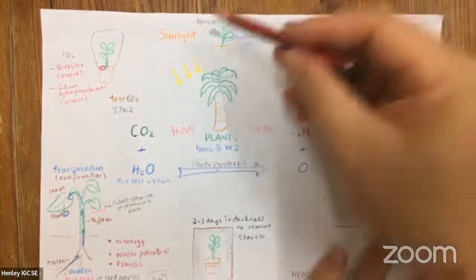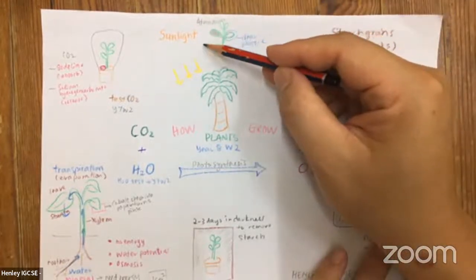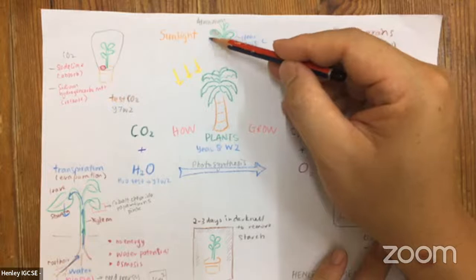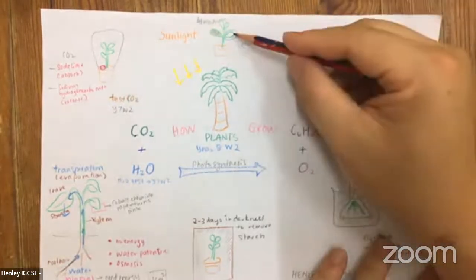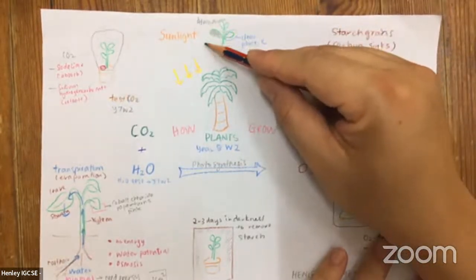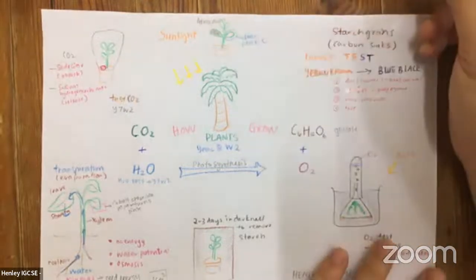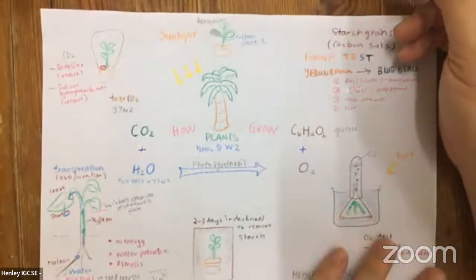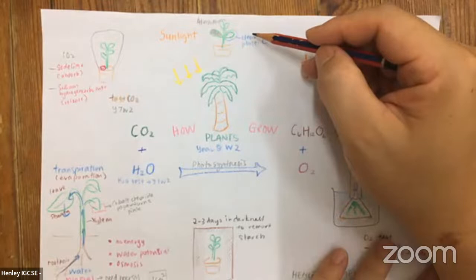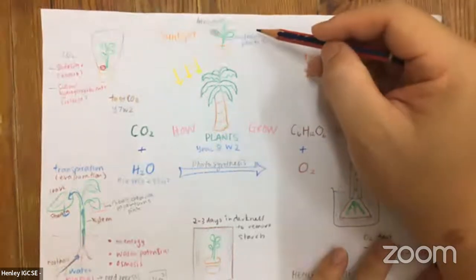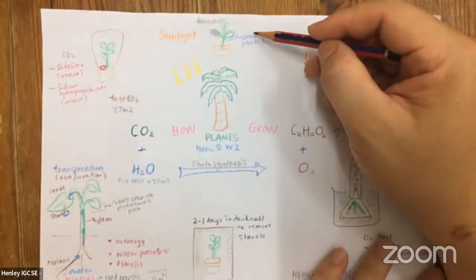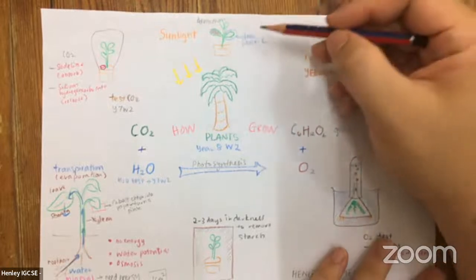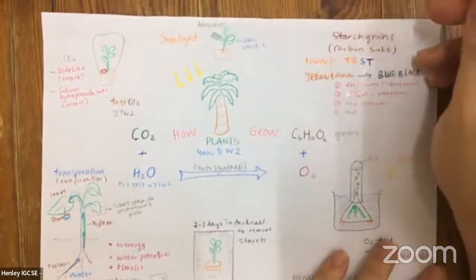After some time, we know that there is no photosynthesis on the leaf covered with aluminium, but there is photosynthesis on the leaf covered with clear, transparent plastic.